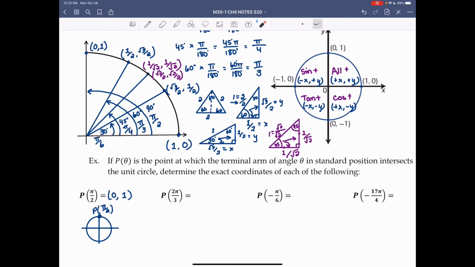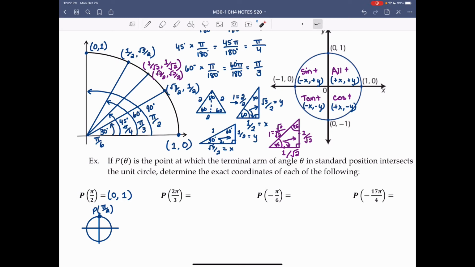So if your denominator of your reduced radian measurement is a 6, then it's going to have the reference angle pi over 6, and our point will be root 3 over 2 and 1 over 2. And then the signs for those x and y values will change depending on which quadrant you're in.